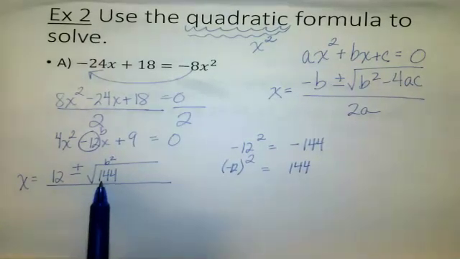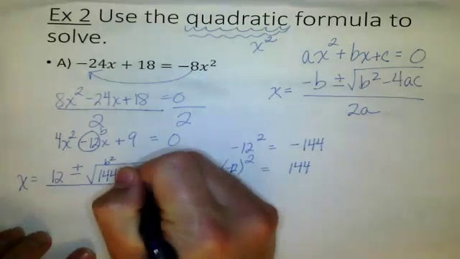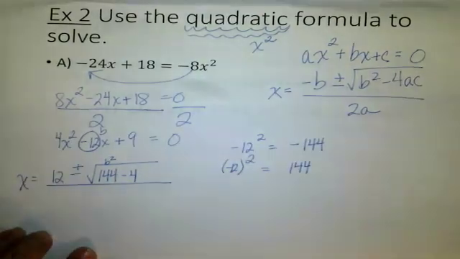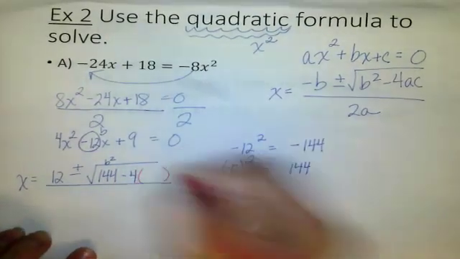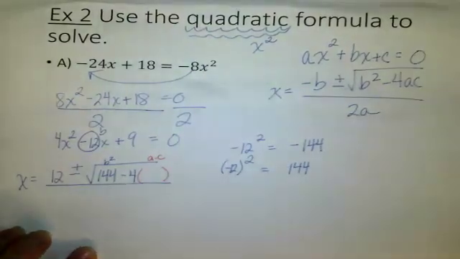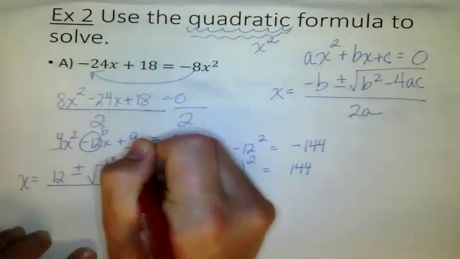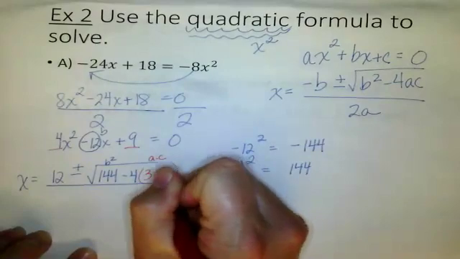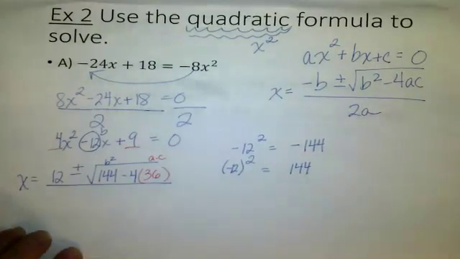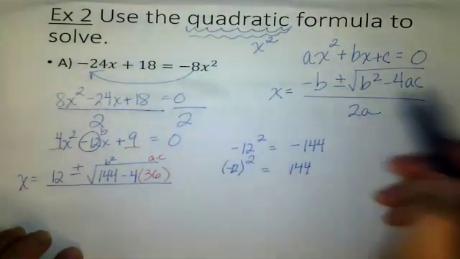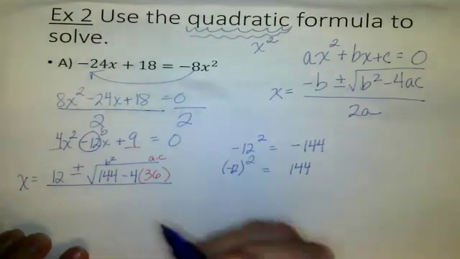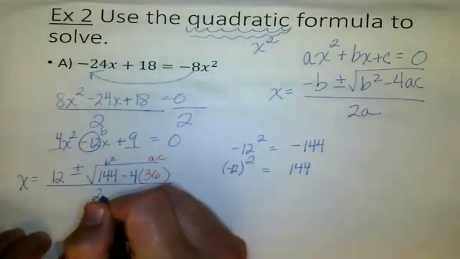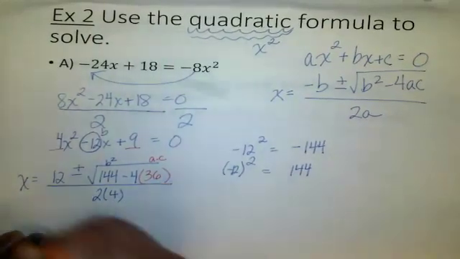Okay? Then we have minus 4 times A times C. I encourage you to do A times C in your head. A times C is 36. Do that work in your head instead of just plugging in values. And then over 2 times 4.